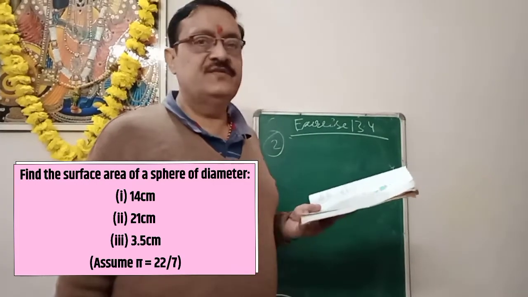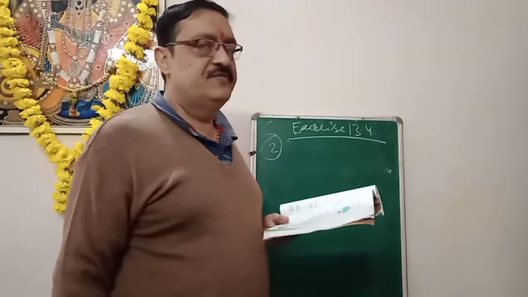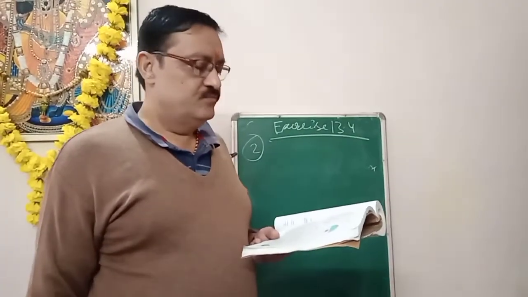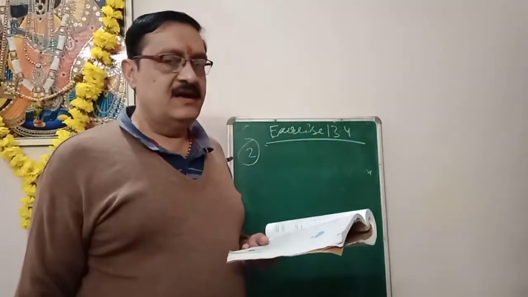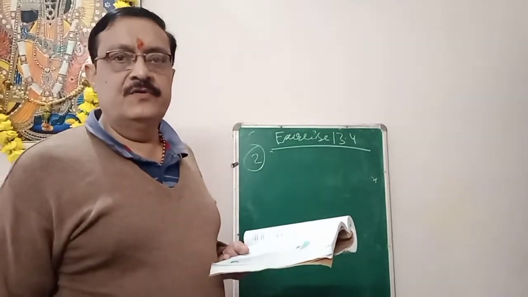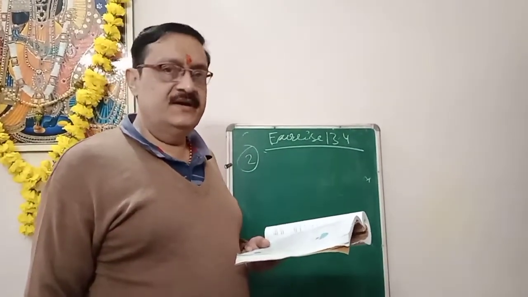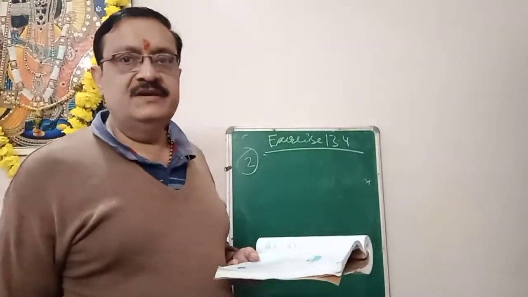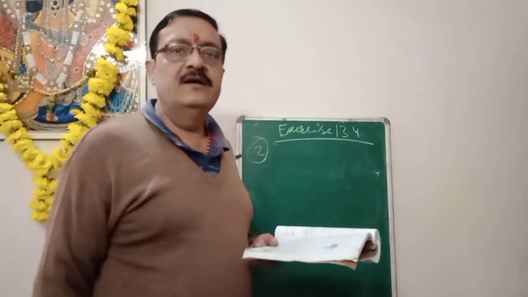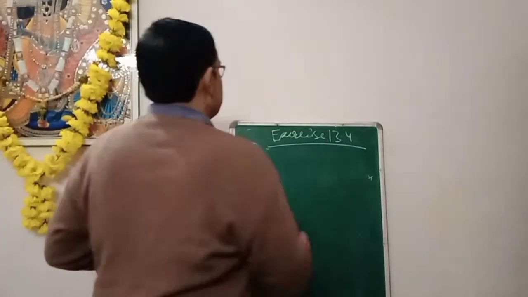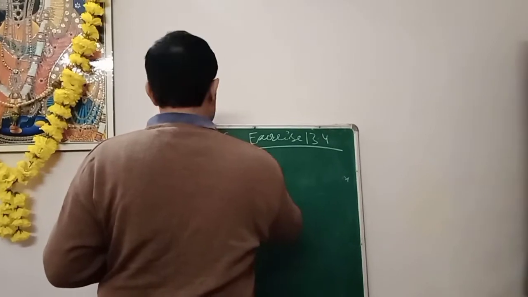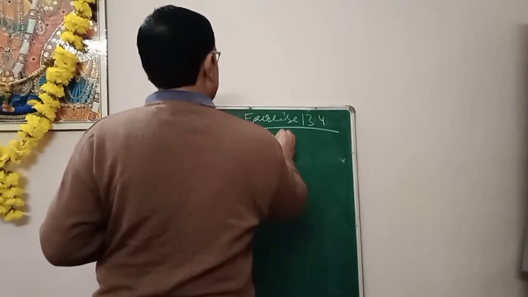In first question, we wanted to know the surface area of a sphere, and radius was given. In second question, all the dimensions are given for diameter, and we need to find out the area. So here diameter is given. In first case, d is equal to 14 cm.